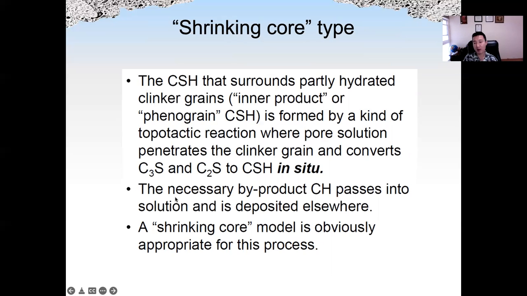And remember, we also have calcium hydroxide due to the hydration of C2S and C3S. And this calcium hydroxide will pass into solution and deposit in other places. Okay, and we call the first type shrinking core.